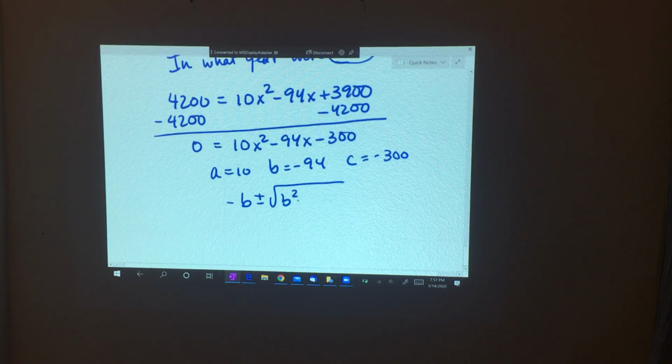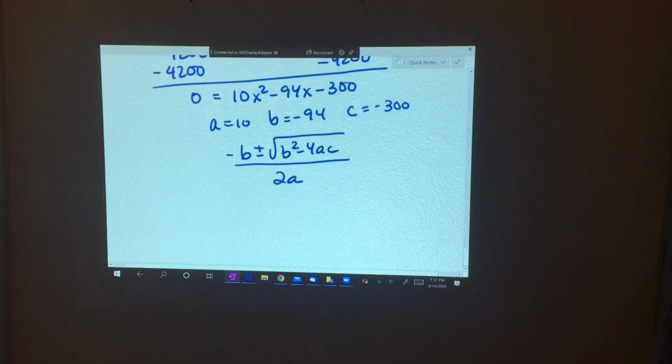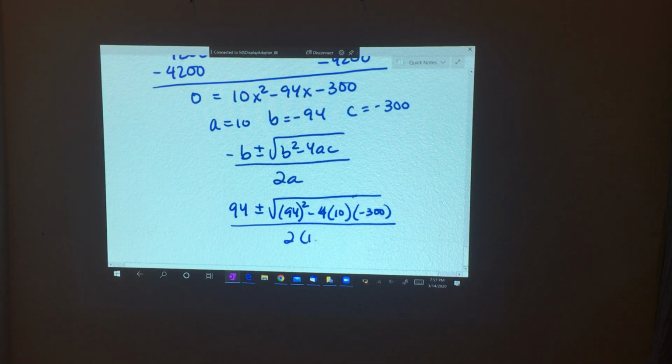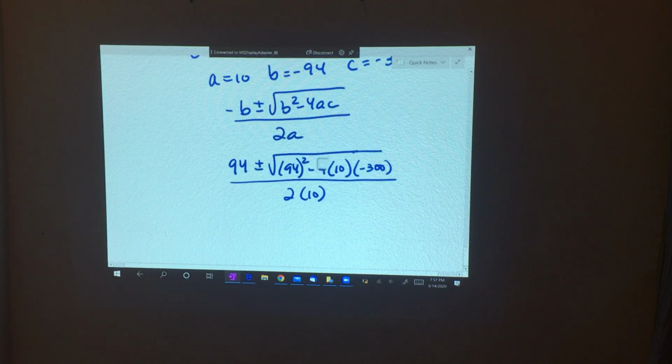Do you have it memorized yet? There it is. So now I see negative b. So I've got 94 plus or minus the square root of 94 squared minus 4 times 10 times negative 300, over 2 times a, which is 2 times 10. Okay, I'll give you a moment to catch up with that.